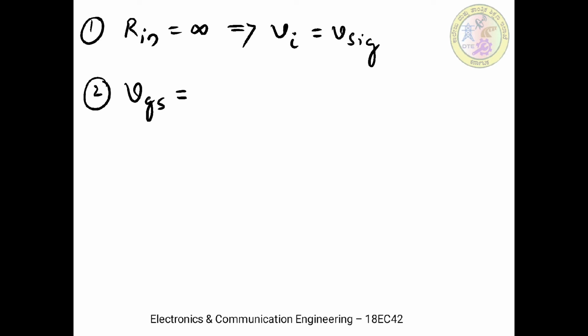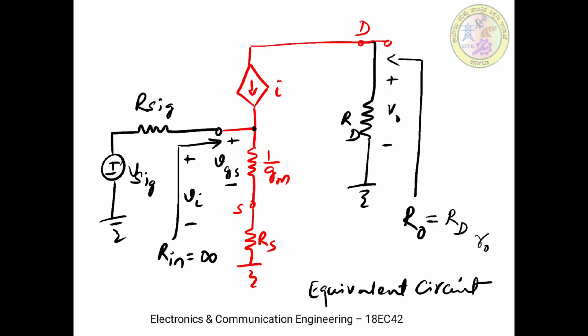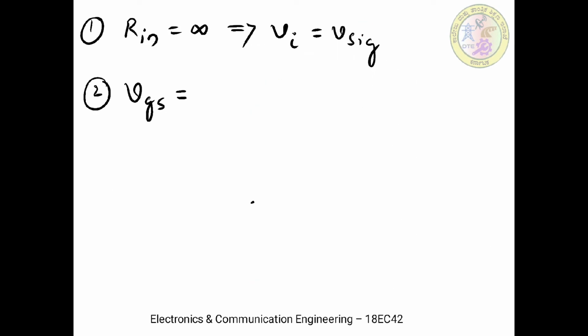it is a voltage divider network, in fact. So here you can see that there is a 1 by Gm and RS. So therefore using this, VGS is equal to (1 by Gm) by (1 by Gm plus RS), this into Vi, only this part.